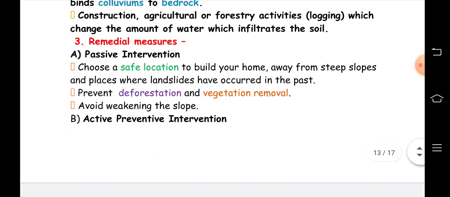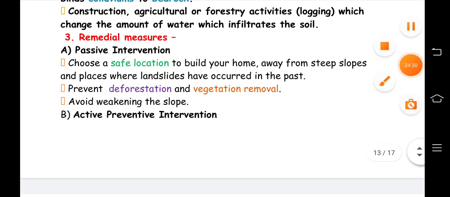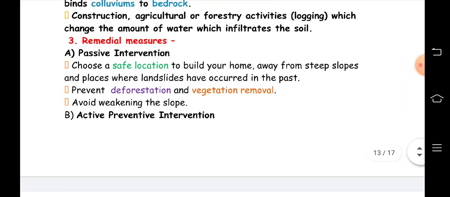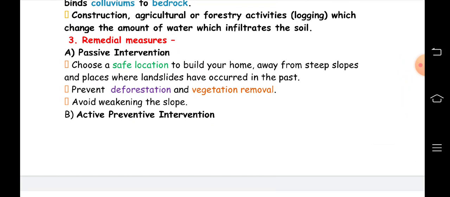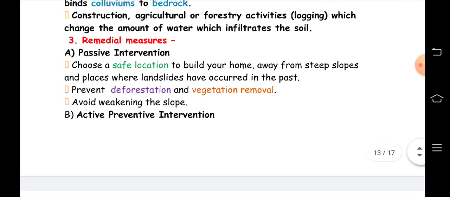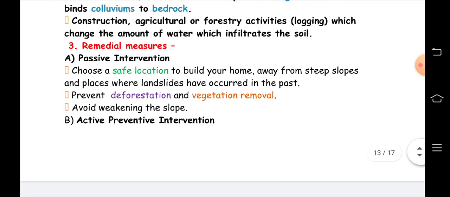So last is what are the various remedial measures to avoid this landslide. If you remember, there was a landslide that occurred in Malin, a small village situated in Ambegaon Taluka in Pune district. This landslide occurred because people were farming along this sloping area.